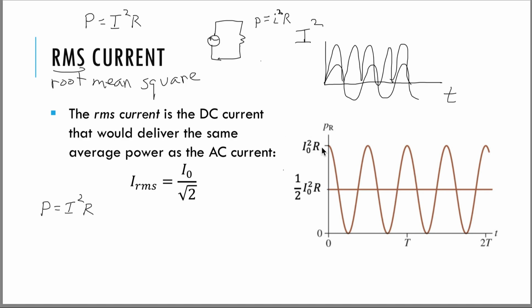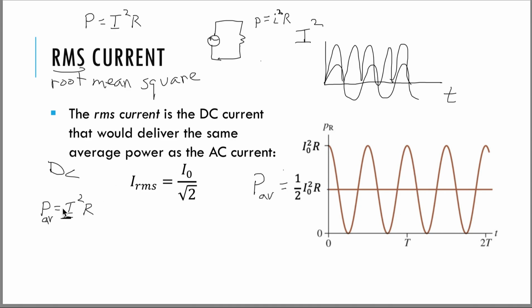Now to find the average value of this power, you find this line in the middle. It's 1/2 maximum current squared times R. So this is the average power in your AC circuit. Now our DC circuit has the constant current. What is the value of this current that will give us the same average power in our DC circuit that we're getting out of this AC circuit?